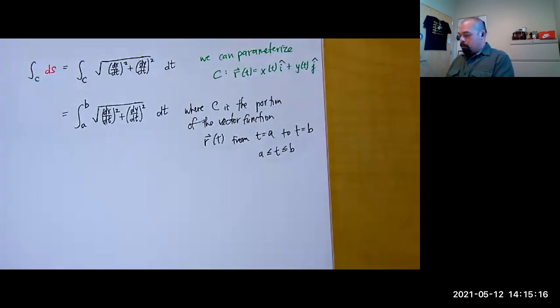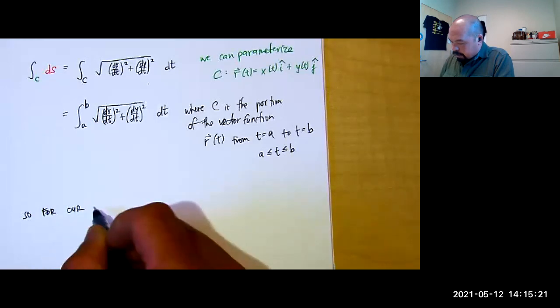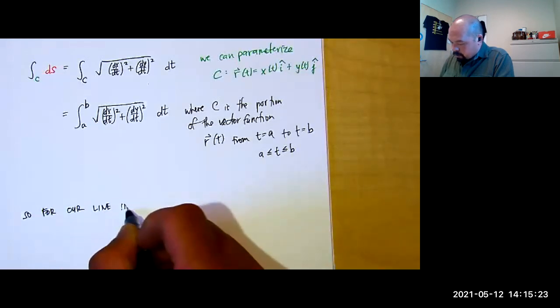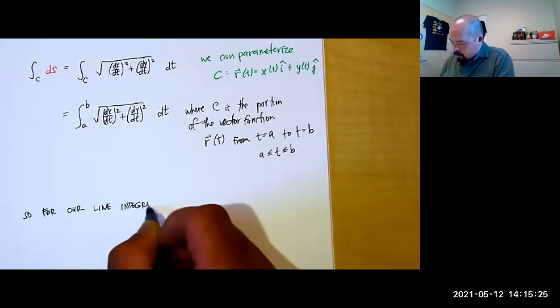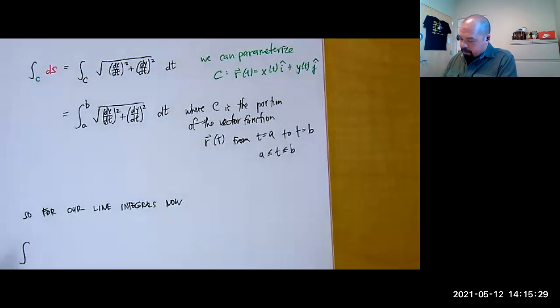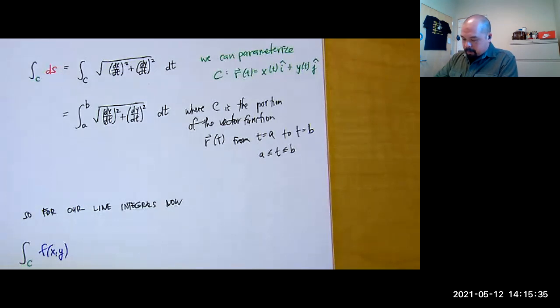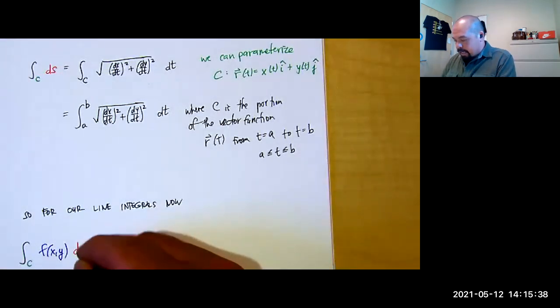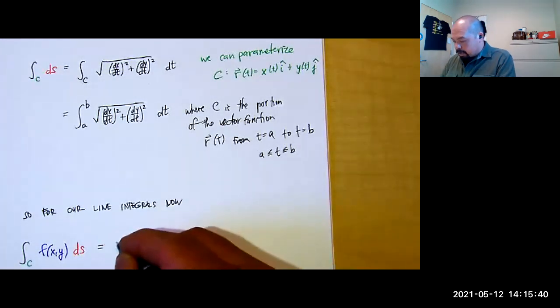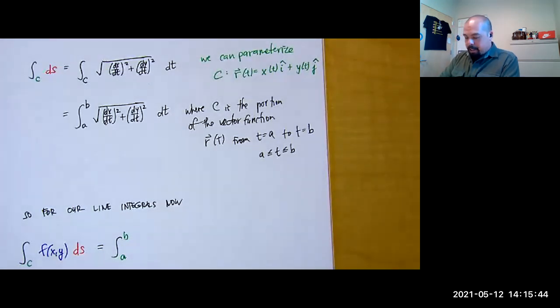And then, so for our line integrals now, when we're integrating over C that function f of x, y ds, we can reorganize this, rewriting this integral from a to b.